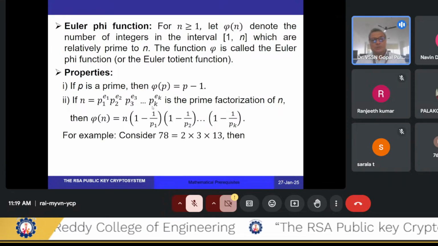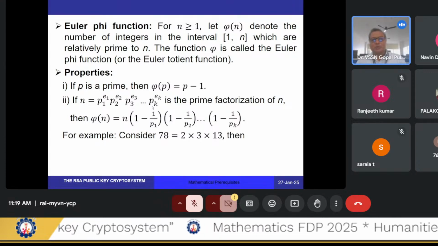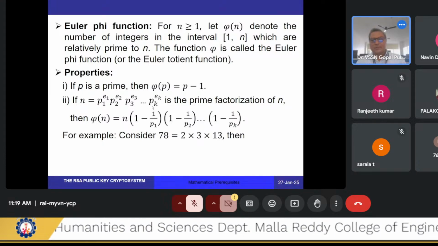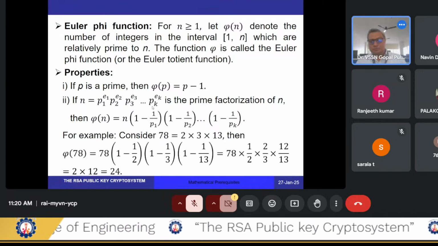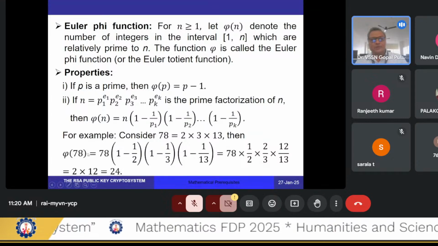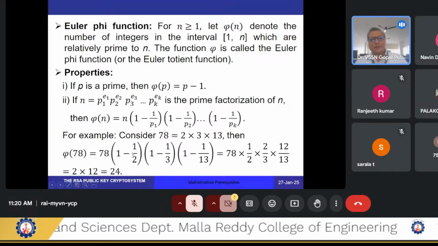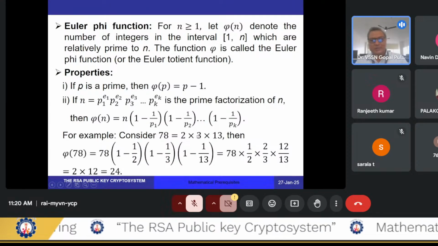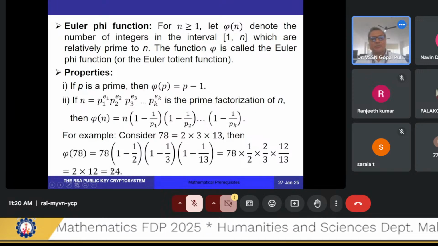I just considered an example based on this. I took 78, which can be written as the product of three primes, 2 into 3 into 13. Applying the above formula, phi of 78: 78 is multiplied with 1 minus 1 upon 2, multiplied with 1 minus 1 upon 3, further multiplied with 1 minus 1 upon 13, and finally we end up with 24 as the value for phi of 78.